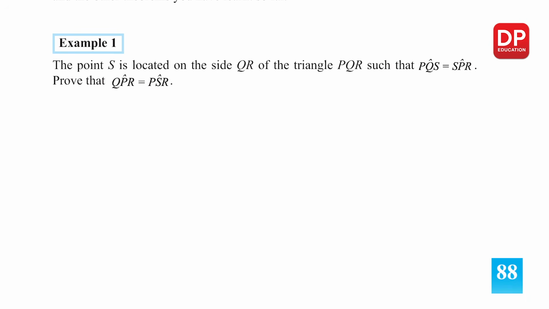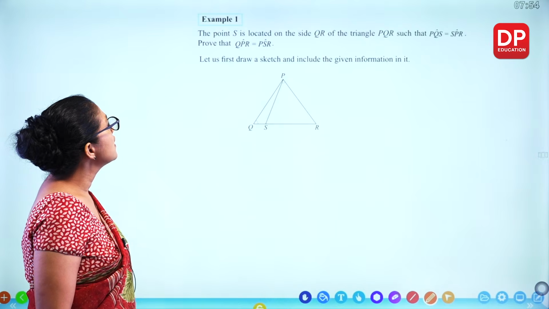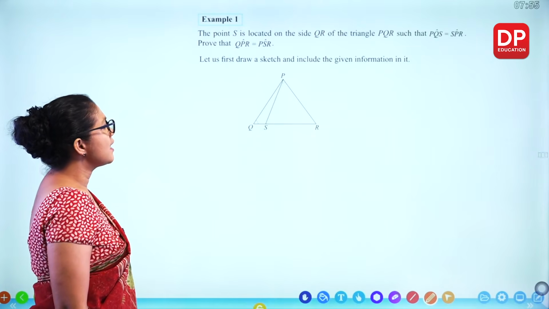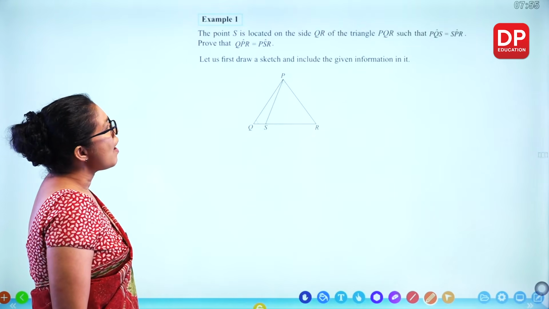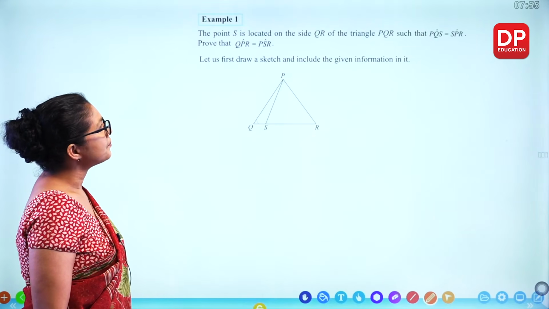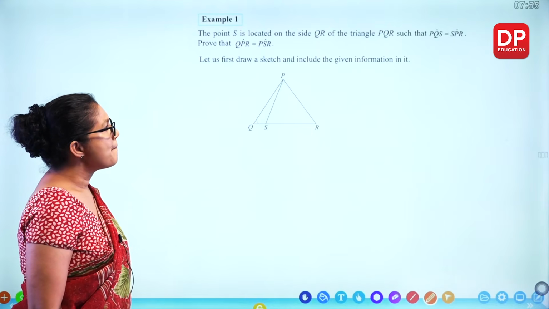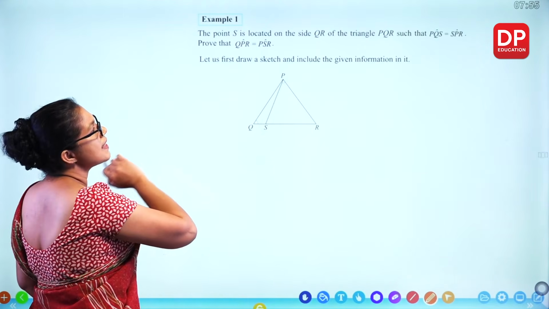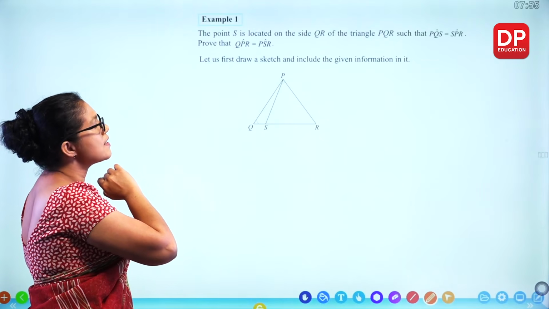Now we'll look at example number 1 in your textbook. It says the point S is located on the side QR of the triangle PQR such that angle PQS is equal to SPR.